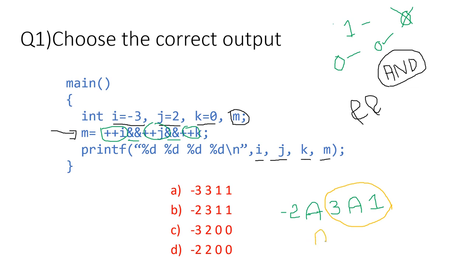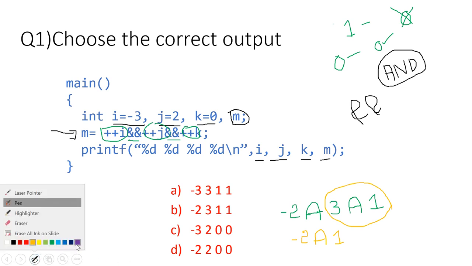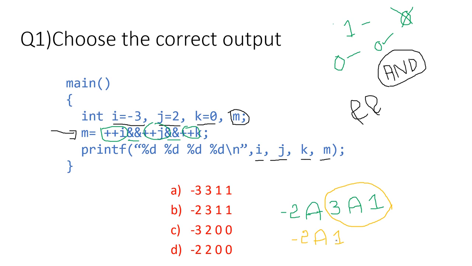So the equation boils down to 1 on the right side and -2 on the left side. Now -2 and 1 both are non-zero numbers, hence it returns 1 again, and 1 is stored in the variable m.